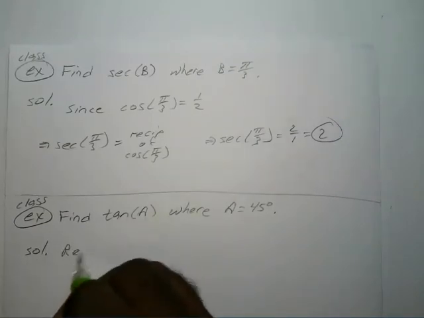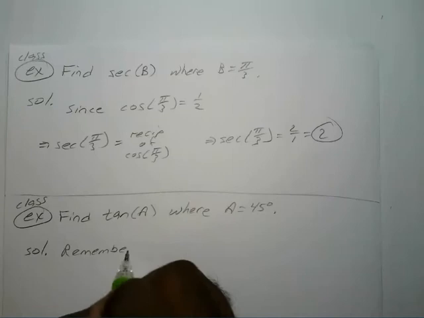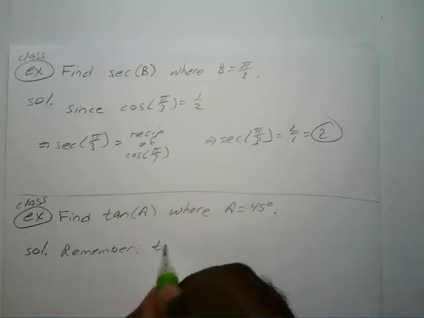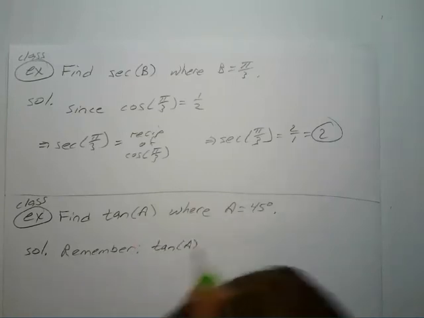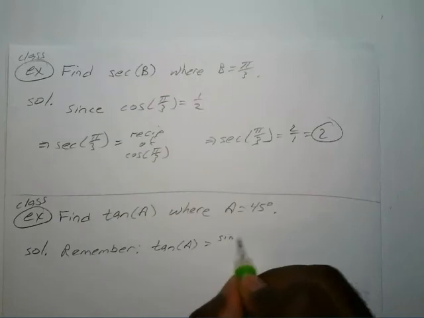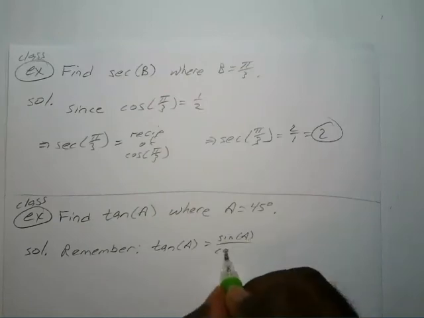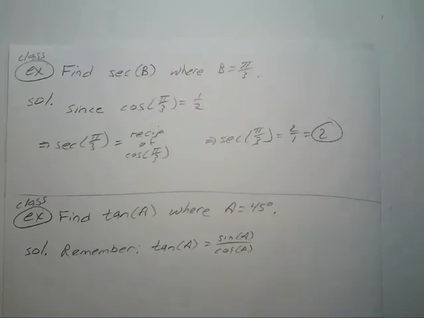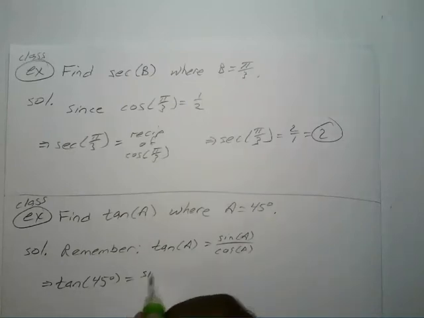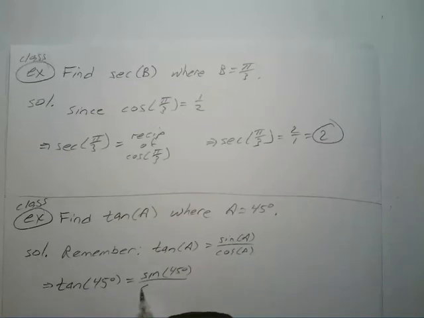Okay, so remember, tangent A is equal to sine of A over cosine of A. So tangent of 45 degrees is going to equal sine of 45 degrees over cosine of 45 degrees.